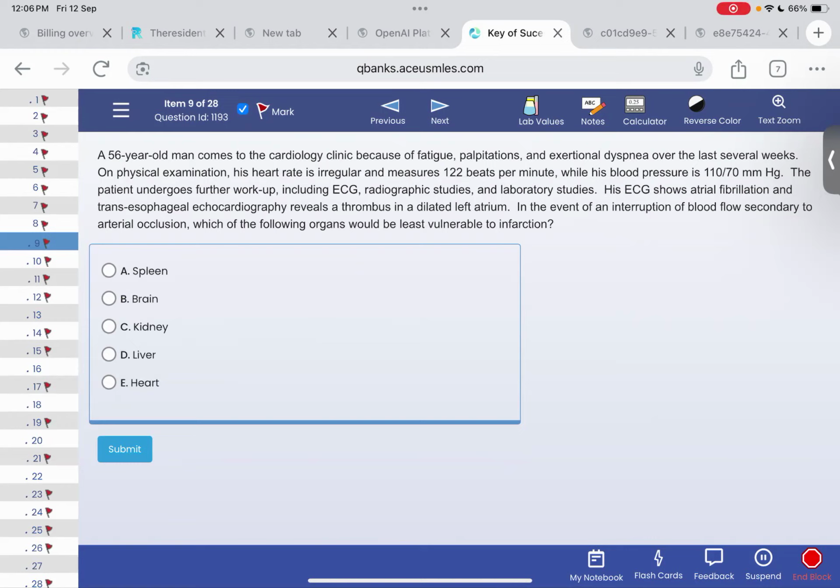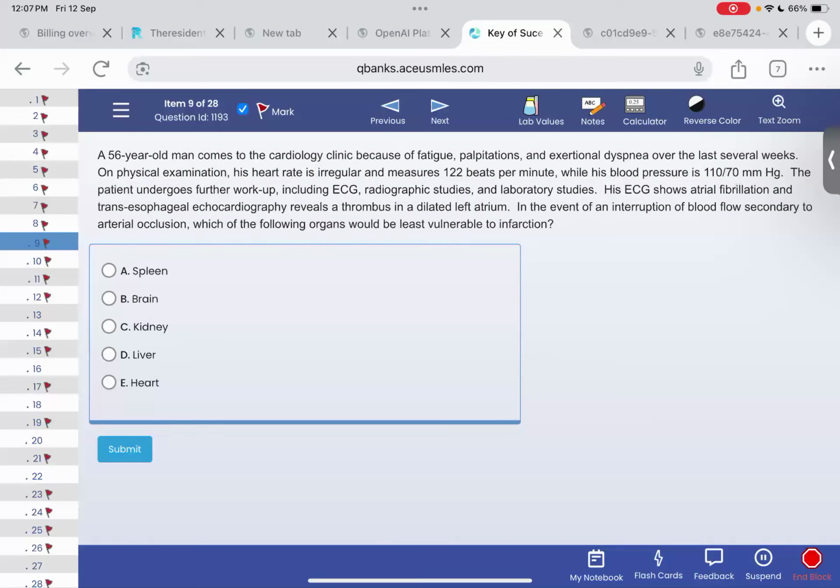In the event of interruption of blood flow secondary to arterial occlusion, which of the following organs would be the least vulnerable to infarction? A 50 year old man comes to the cardiology clinic because of fatigue, palpitation, and exertional dyspnea over the last several weeks. On physical examination, his heart rate is irregular and measures 122 beats per minute, while his blood pressure is 110 by 70.